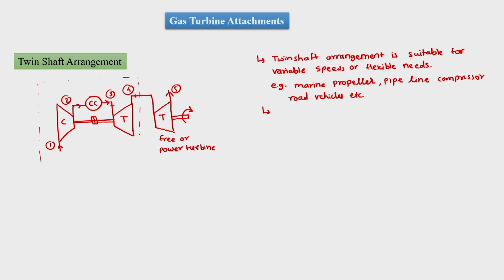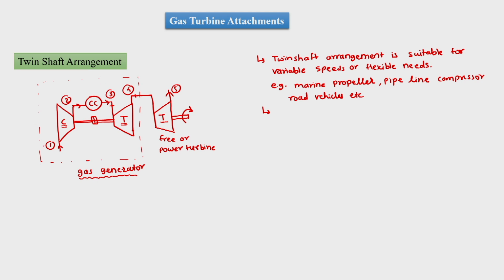this unit, where we have a compressor, combustion chamber and turbine connected together, is called the gas generator. So, there is a gas generator, and that gas generator provides gas to the power turbine, and the power turbine produces the necessary power output. So, this turbine produces the work which is just required to run the compressor, and this turbine produces the necessary power output.